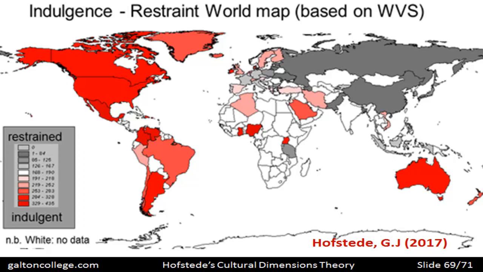So that's Hofstede, and those are the various indices that Hofstede derived from his research in the IBM companies in 50 countries.